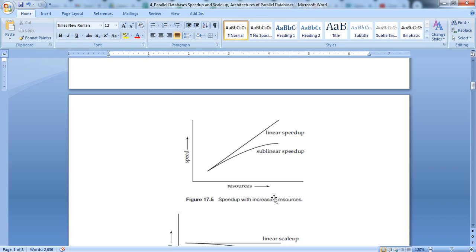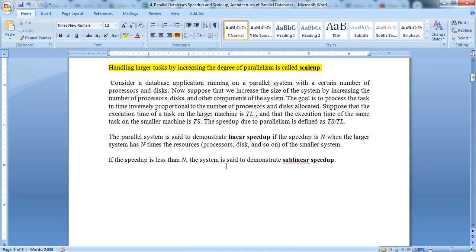If we increase the resources but the speed does not increase as much in proportion to the resources, that is sublinear speed up. A parallel system is said to demonstrate linear speed up if the speed up is n when the larger system has n times the resources.